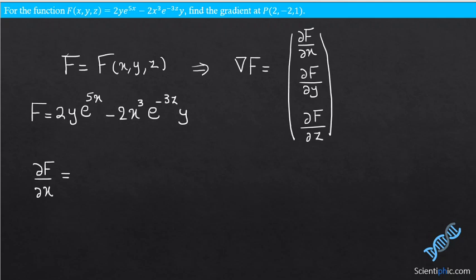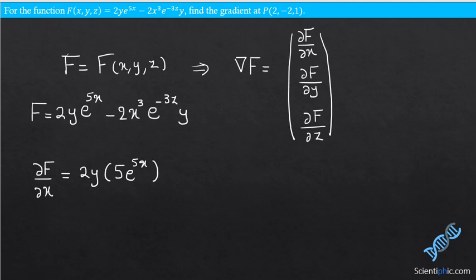as constant, so I'm going to write 2y, and then e to the power of 5x is a function of x. And you know what is the derivative of this type of function? It's going to be 5 e to the power of 5x.